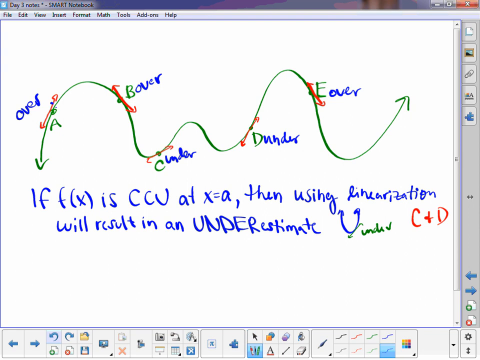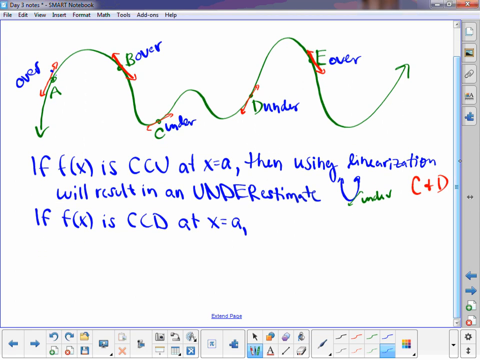And then vice versa. If f of x is concave down at x equals a, then using linearization will result in an overestimate.